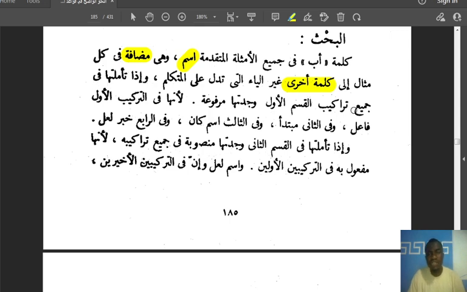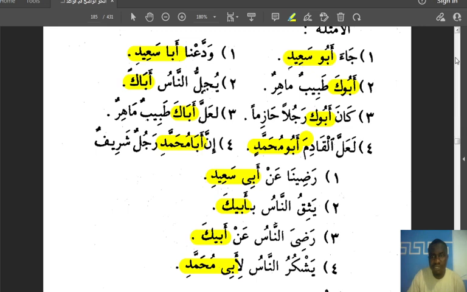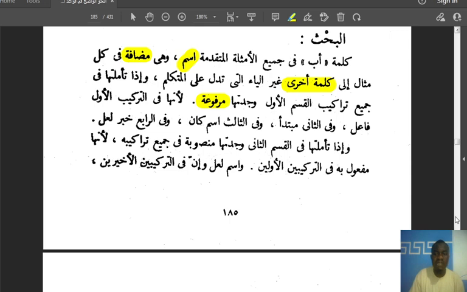وإذا تأملتها في جميع تراكيب القسم الأول وجدتها مرفوعة. He said if you look at the word ab in all the constructions as it came in the first part, in this part we have here, it came as what? Marfu'atun.